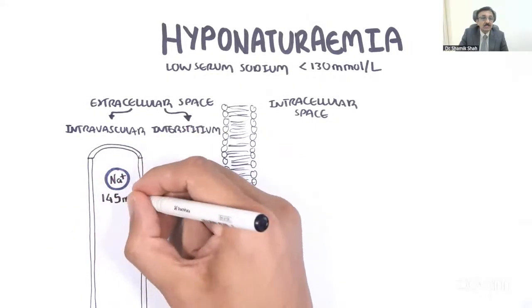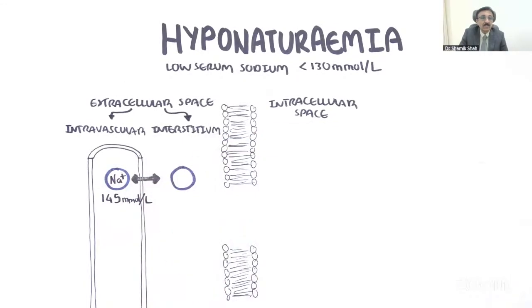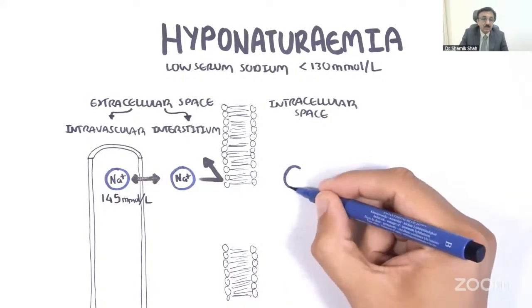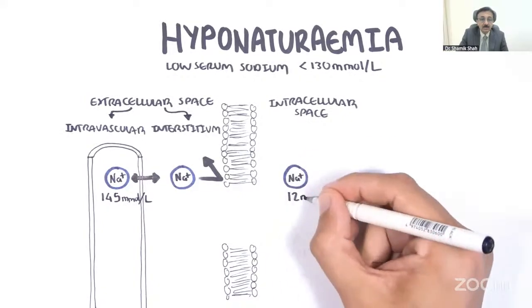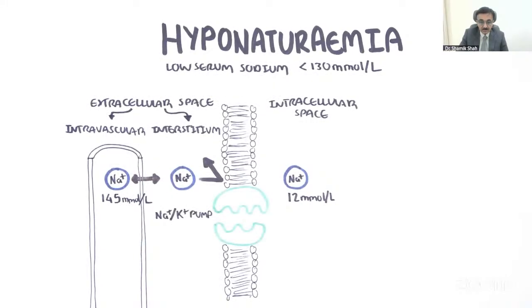So we know that sodium is the most common ion in the extracellular space, and usually the concentration is about 145 millimoles per liter. Whereas if you look at the intracellular space, then the amount of sodium is really very low. It is just about 12 millimoles per liter. But conversely, when you look at the other electrolyte, the major electrolyte is potassium.